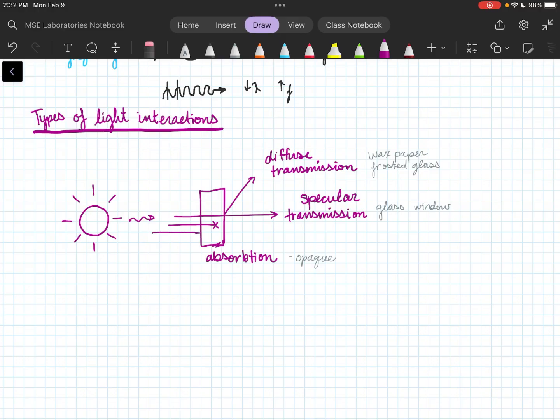And the last type is reflection. And just like transmission, we can have diffuse reflection and we can have specular reflection.